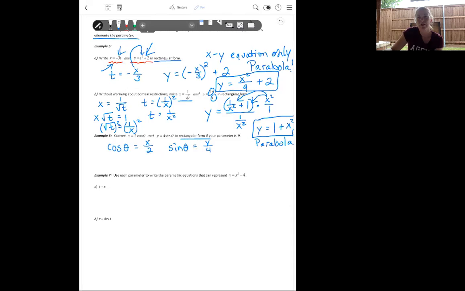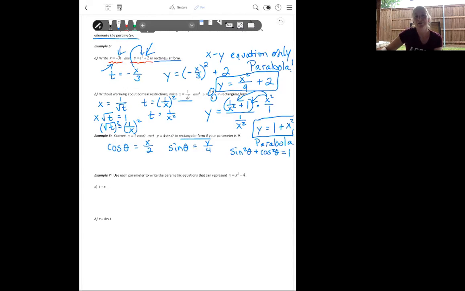Now, we have something you're going to love. We have something that connects sine and cosine. Think the big three. And with the big three, Pythagorean identities, remember? Sine squared plus cosine squared equals 1. Hey, you thought you were done with it.